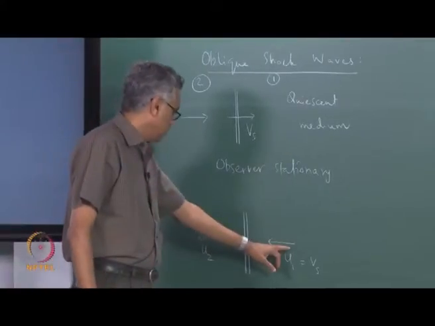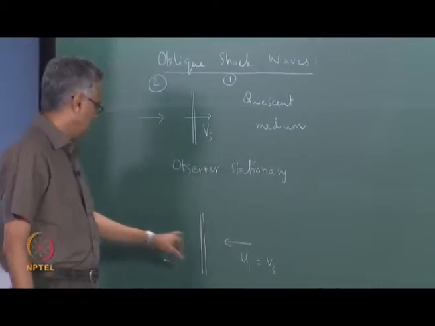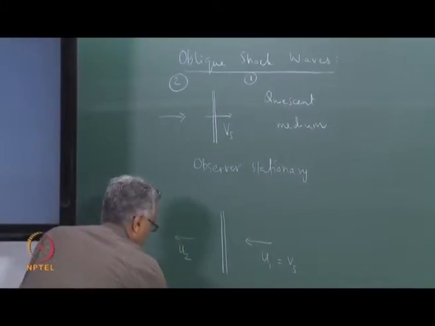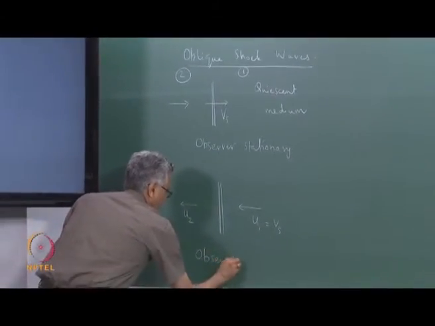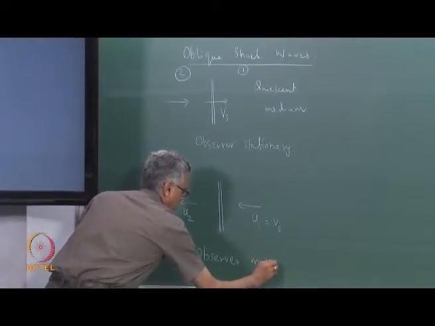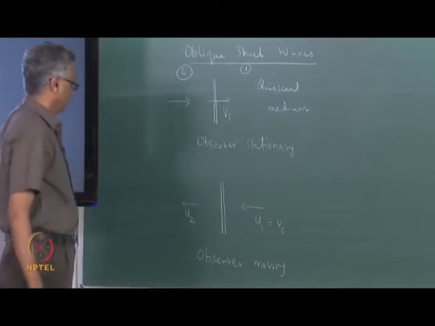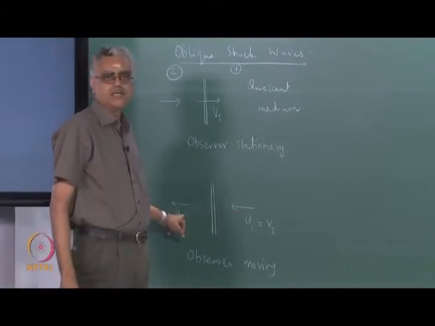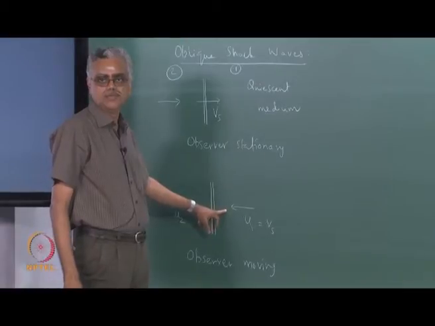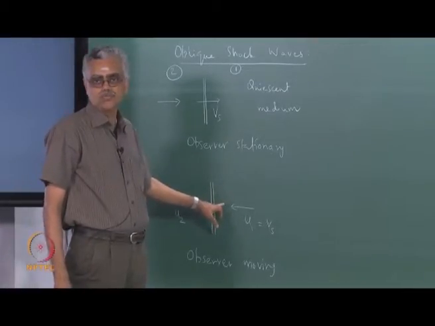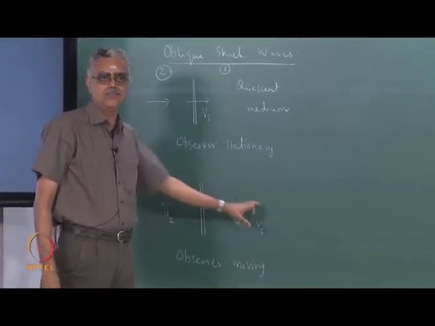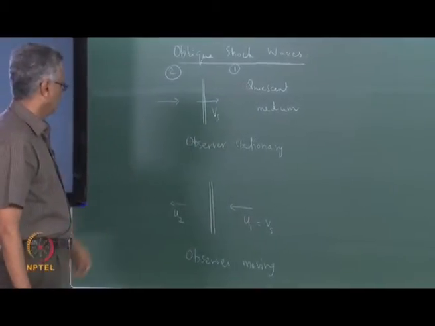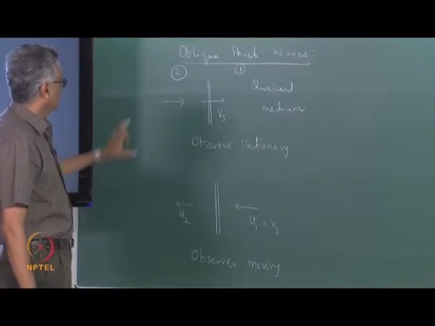Notice that in this frame of reference where the observer moves, the velocity both before and after is normal to the shock wave, and hence the name normal shock wave, and there is no change in the direction of the fluid after it passes through the shock wave. These are the highlights of the normal shock wave compression process.